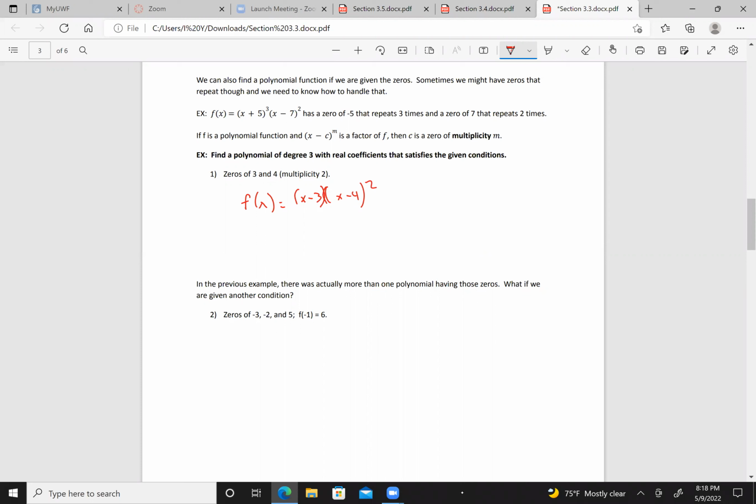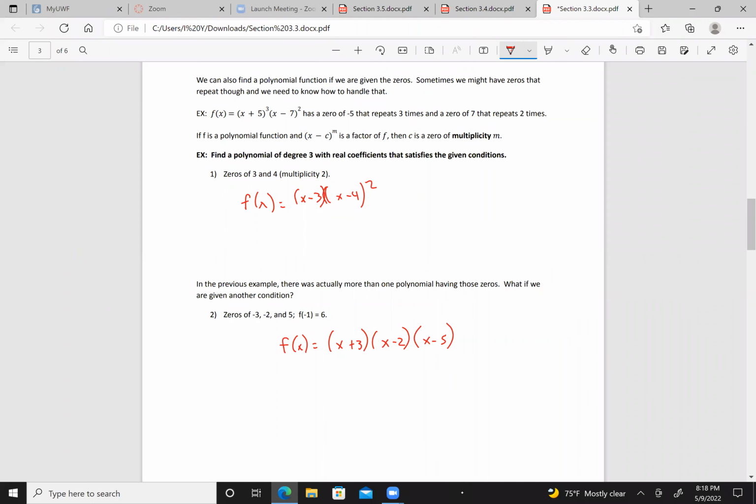So we have zeros of negative 3, negative 2, and 5. So we have x plus 3 times x minus 2 times x minus 5. And then we're told that f of negative 1 equals 6.